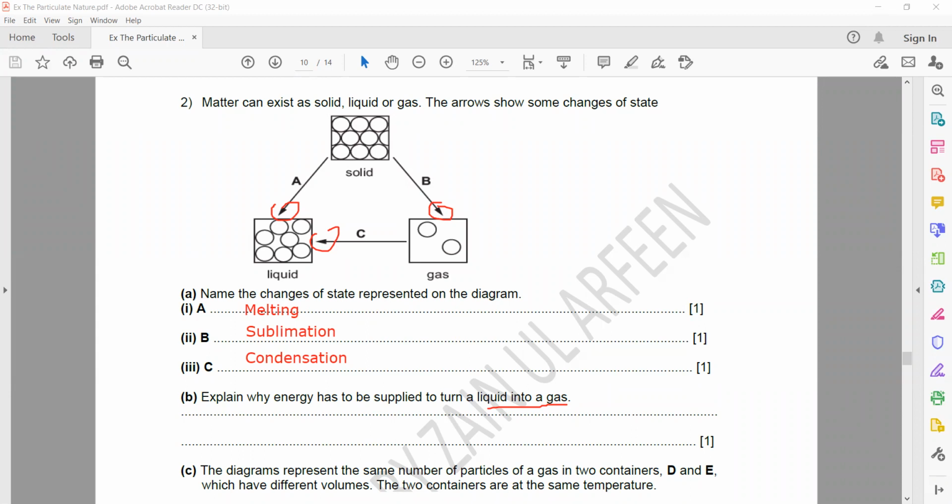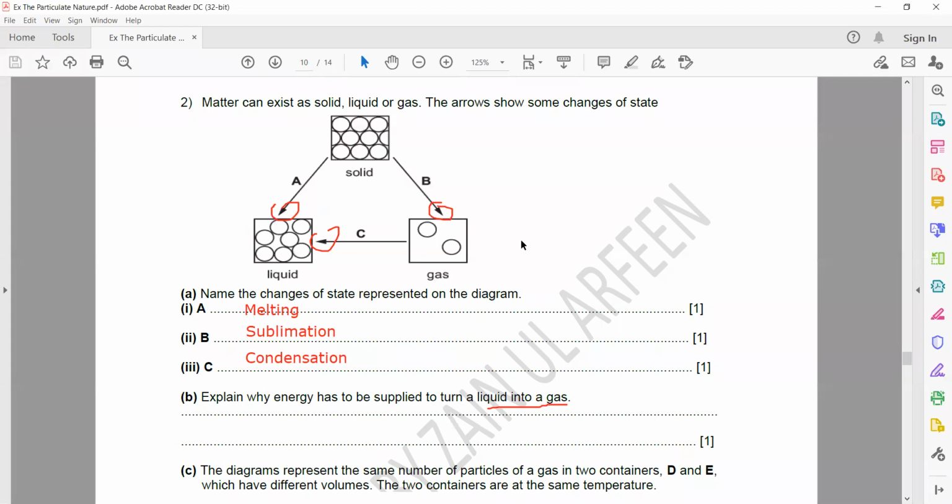Not about temperature, we don't normally mention that for the particles. Or we can also mention, that's right, most of your answers are correct, to make the particles more energized so they can move further apart. Or you can also say to break the bonds between the particles. Whenever we are changing the state, we are supplying energy.